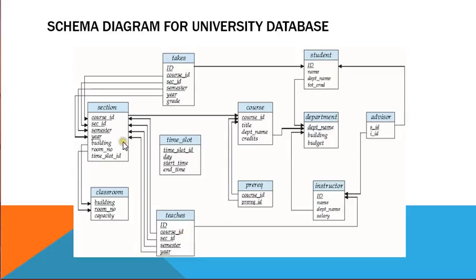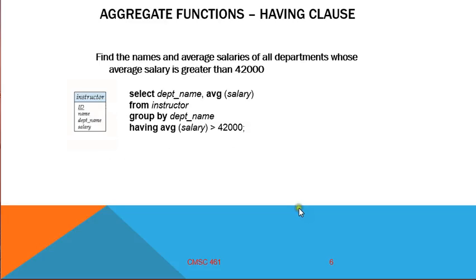The sections don't have salaries. It's instructors who have salaries. So even though the question is asking for the average salaries of all departments, what we're looking for is the average salary of instructors from all departments. Obviously, departments don't have salaries, they have budgets.